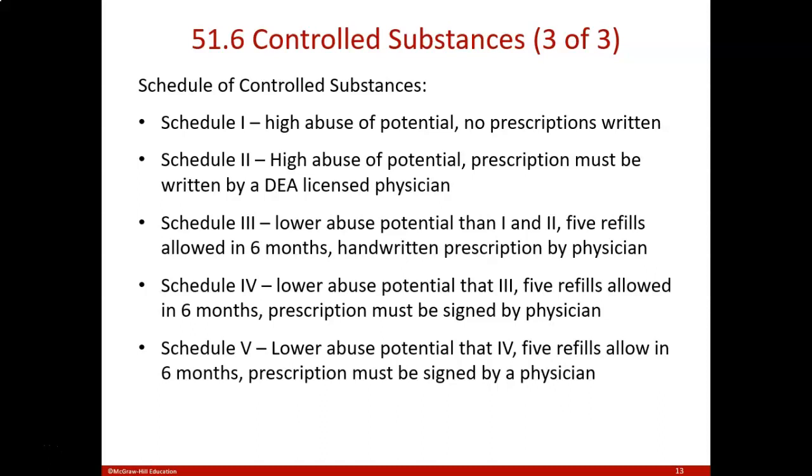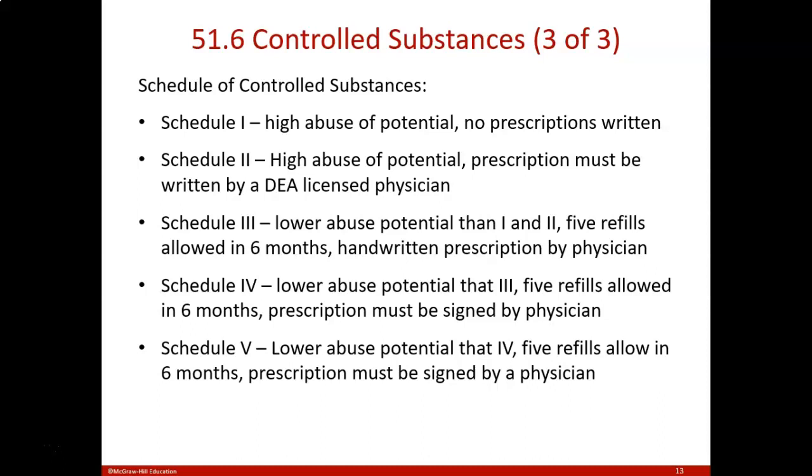Schedule 2 is the highest that we can write for. There is still a very high abuse potential, but these prescriptions must be written by a DEA licensed physician on a specific pad. They usually call them triplicates. You can't call in Schedule 2 drugs, though there are rare circumstances to do that.